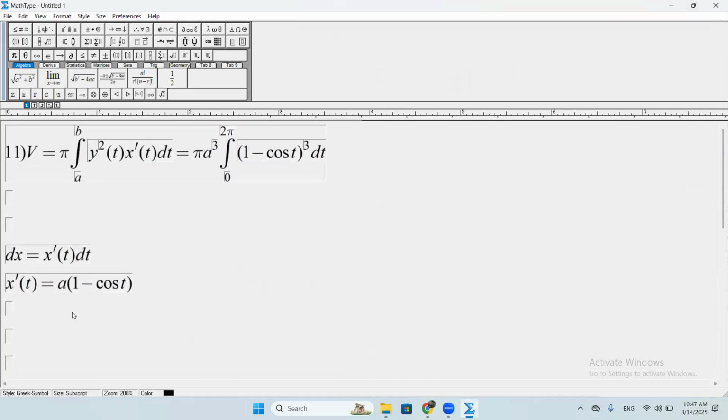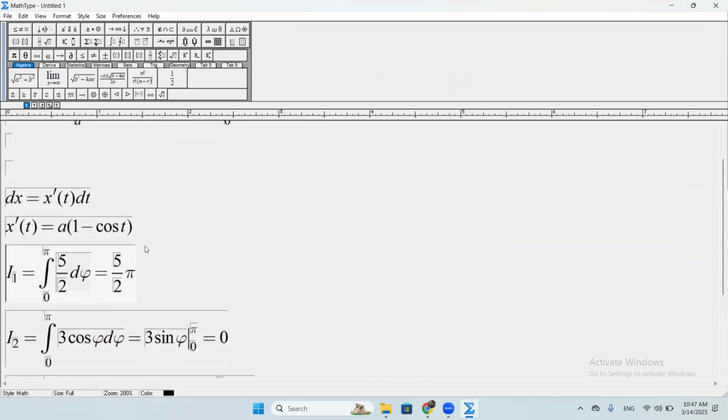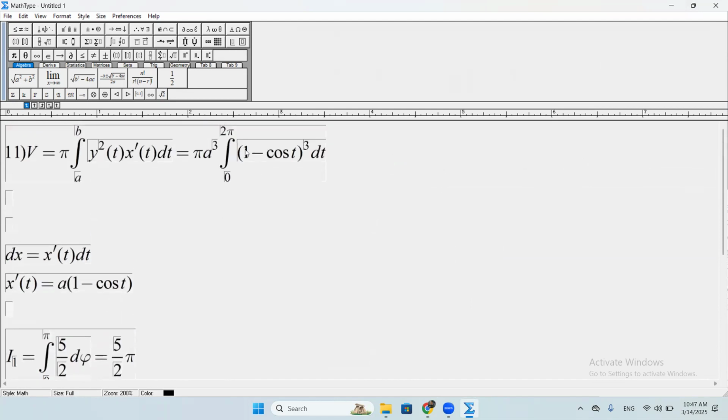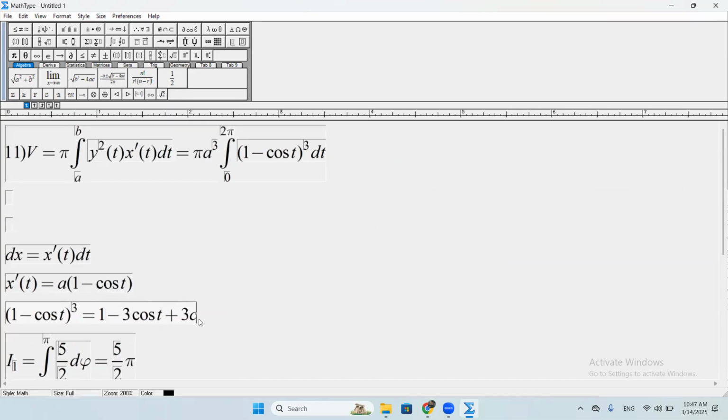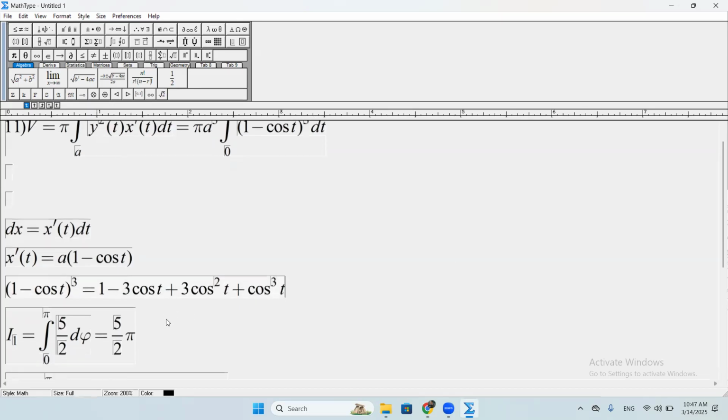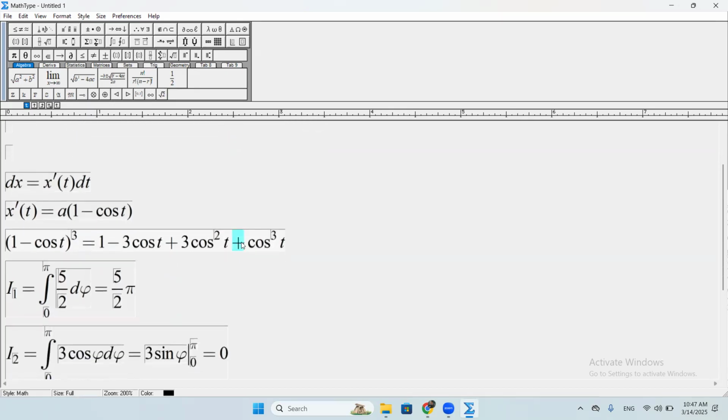So we have similar integrals, but different signs in some places. Let me rewrite this expression. (1 minus cosine of t) cube equals 1 minus 3 cosine of t plus 3 cosine of t square minus cosine cube t.